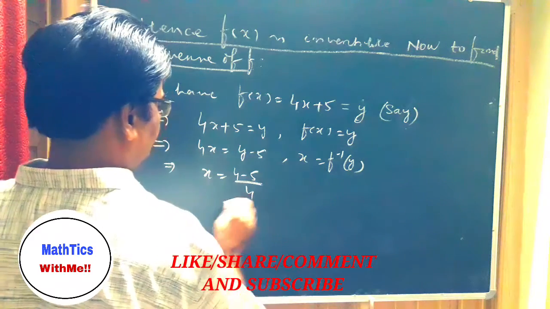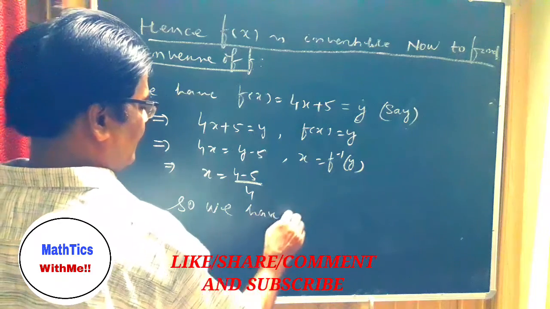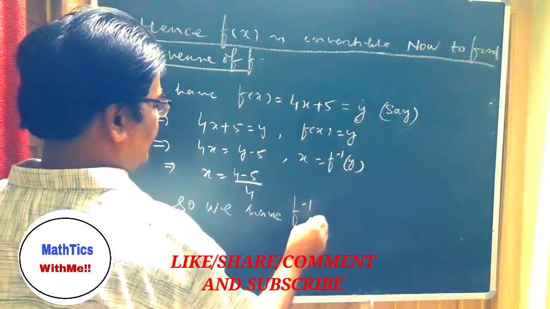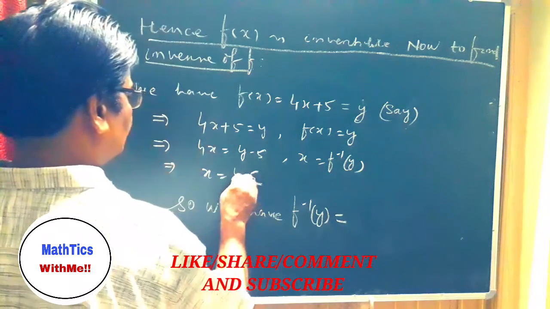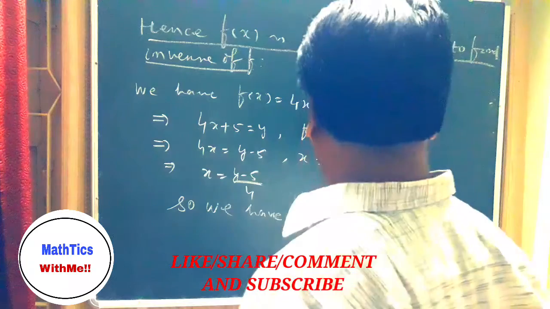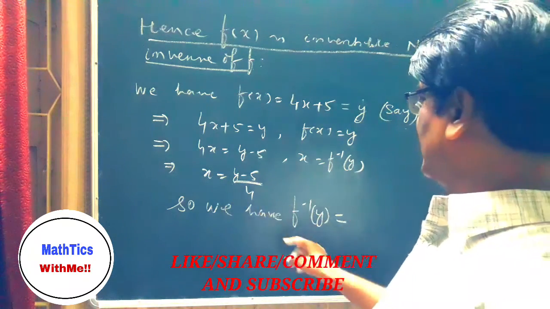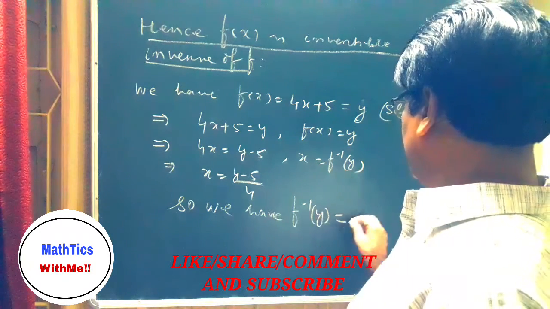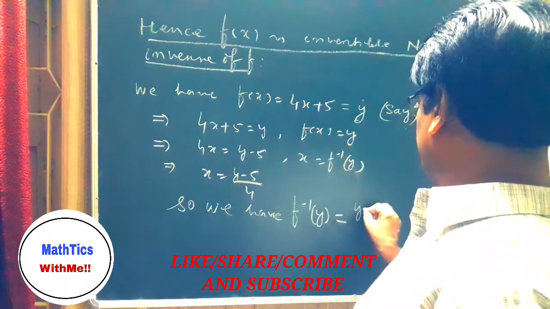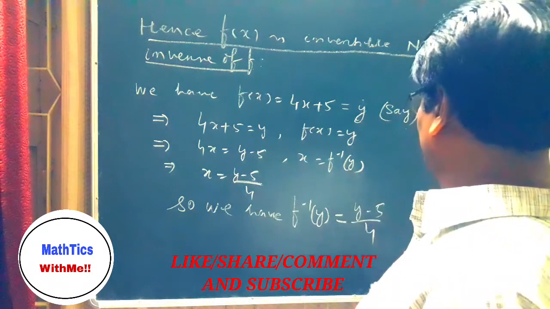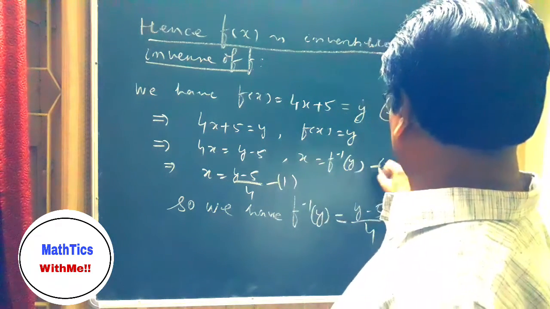So we have f inverse of y is equal to (y minus 5) by 4. Take this as equation 1, this as 2.